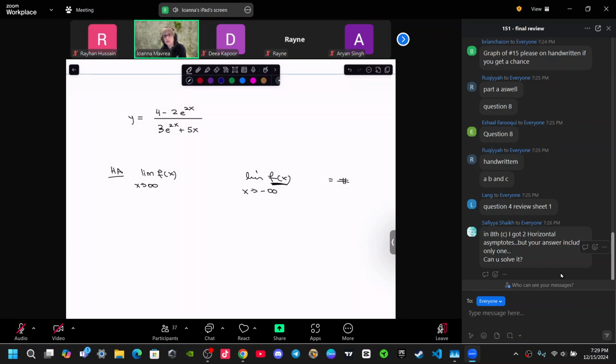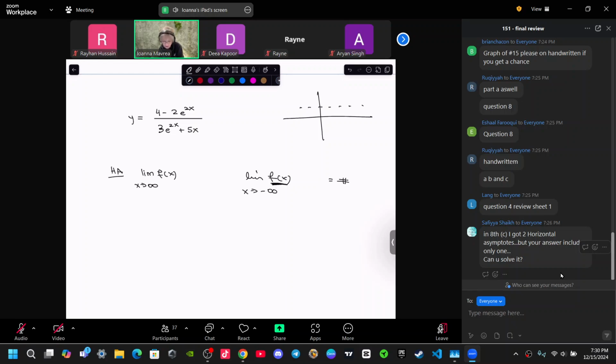You're asking what the y is doing at the very right when x is going to infinity, and what is happening to the y coordinate on the very left. If the answer is 4, that means the y is becoming 4, so y equals 4 is a horizontal asymptote. That's how you find a horizontal asymptote.